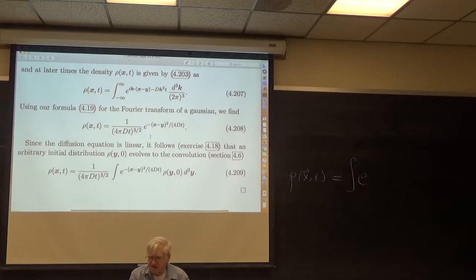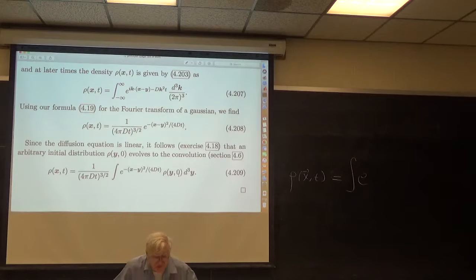So it follows then, because everything is linear, that for an arbitrary initial distribution rho of y and 0, the solution is just the sum of all of these integrated, weighted by rho of y and 0.